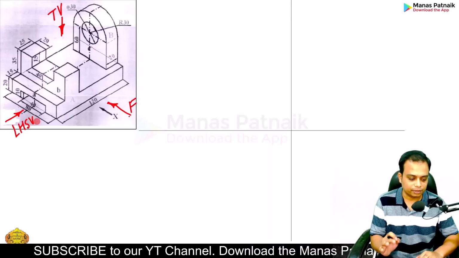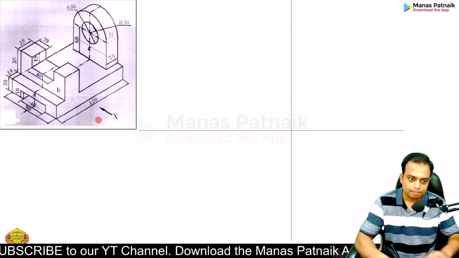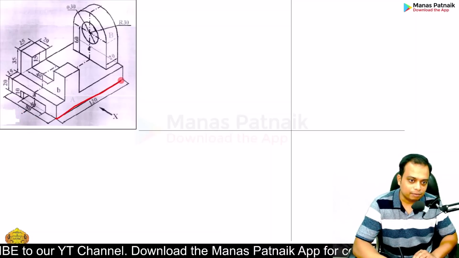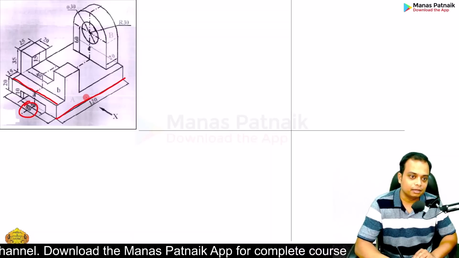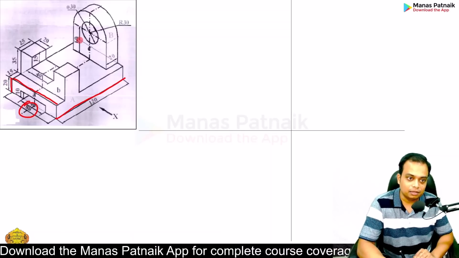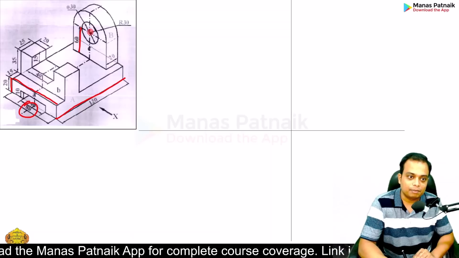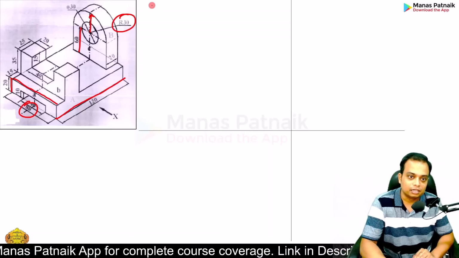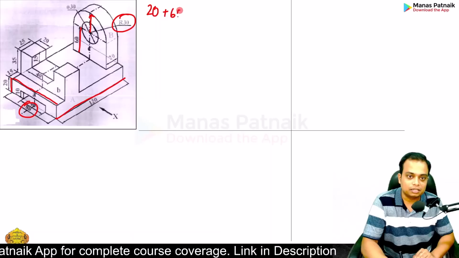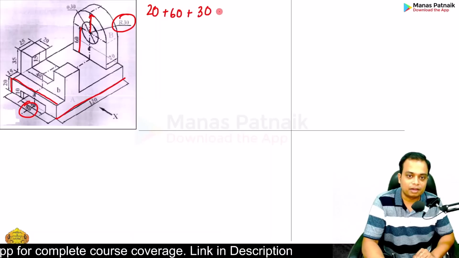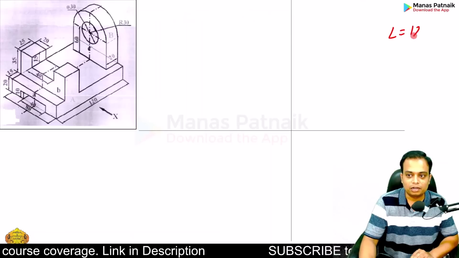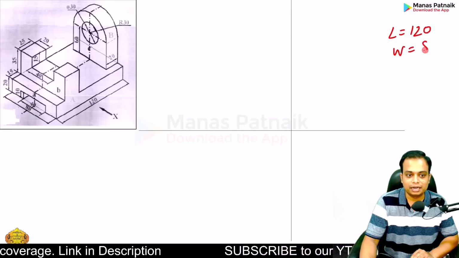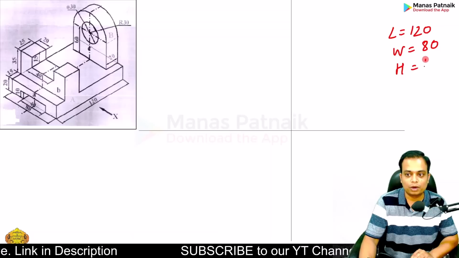I hope you're okay with this, right? The maximum length is 120, the maximum width is this much, that is 80, whereas the height is 20 plus this 60, which is 80, plus this much radius, which is 30. So 20 plus 60 plus 30 will give the value as 110. So please note that the length is 120, the width is 80, the height is 110.